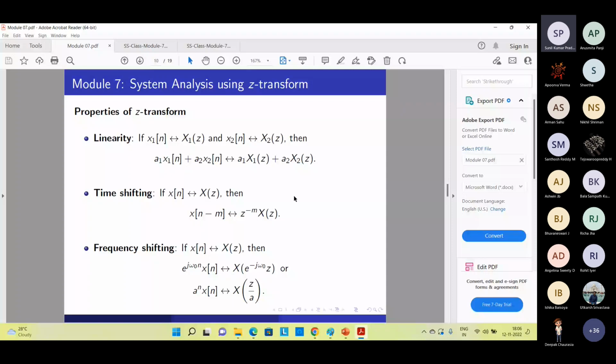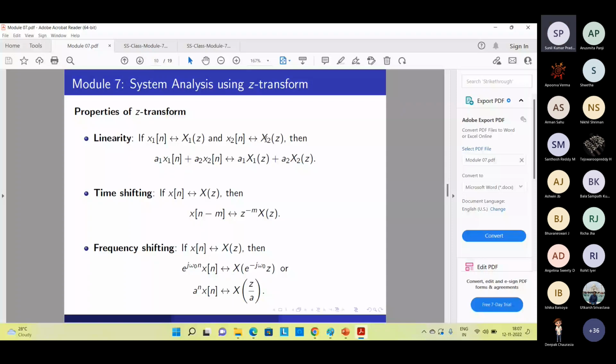This linearity property tells that if x1[n] is a discrete time signal with Z transform X1(z), and x2[n] has Z transform X2(z), then a1 x1[n] plus a2 x2[n] has Z transform a1 X1(z) plus a2 X2(z). This linearity property shows that it obeys the superposition theorem. So that is a property of the Z transform we should remember.